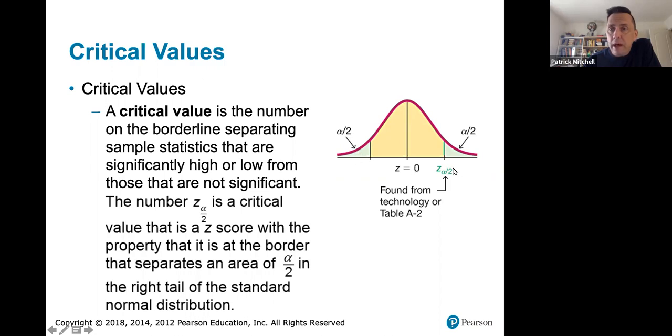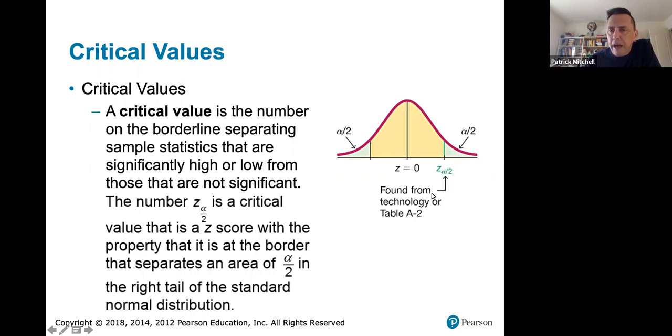That would be the two light green areas combined giving you 0.05. If you divide that in half, you get 2.5% down here, and the other 2.5% up here. In general, that 2.5% is called alpha over 2. The value of z that cuts off the top alpha over 2 proportion of the distribution is called a critical value.